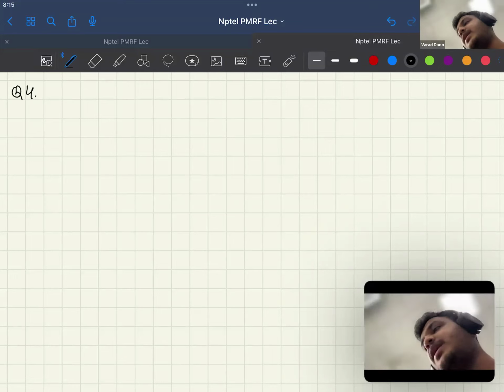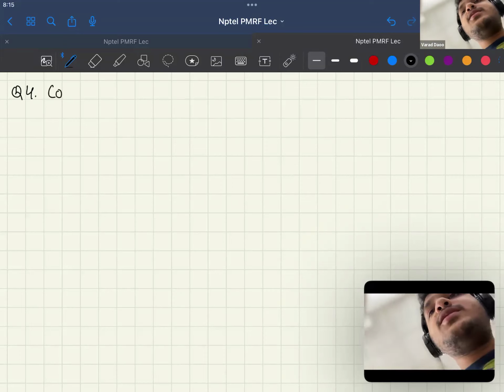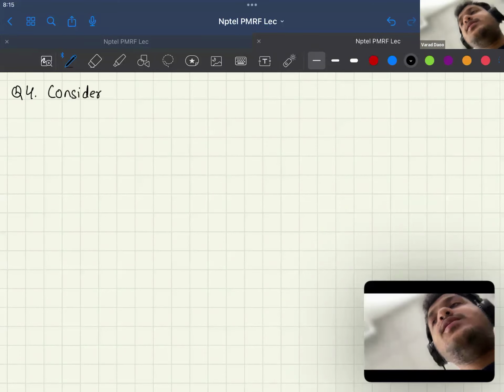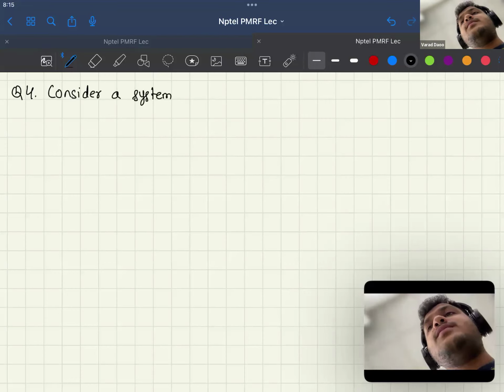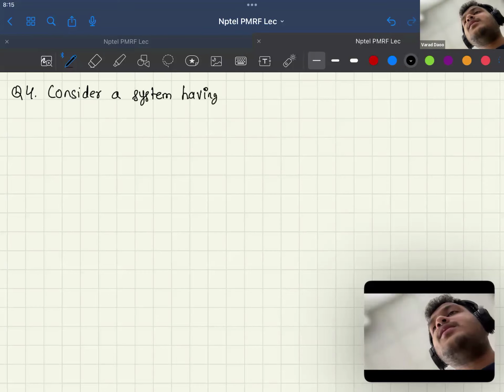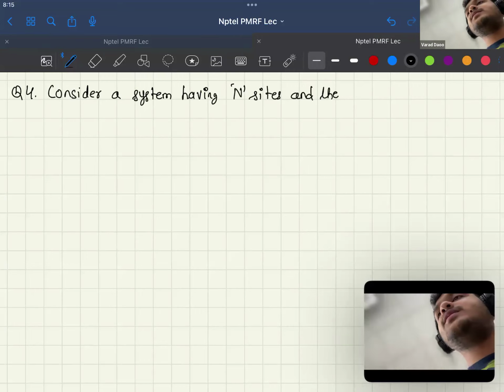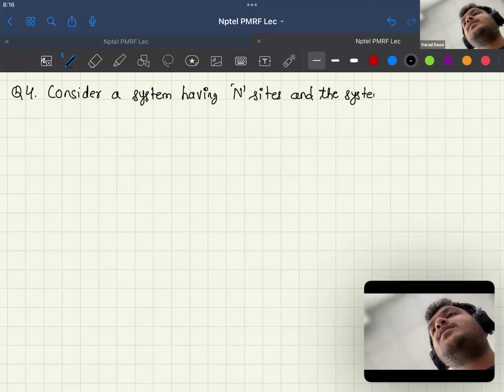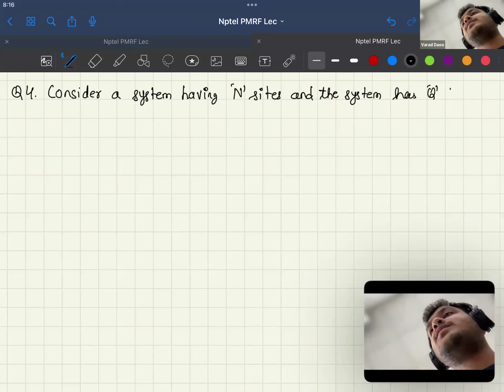Okay, so first let me write this down. Consider a system having N sites and the system has Q particles.